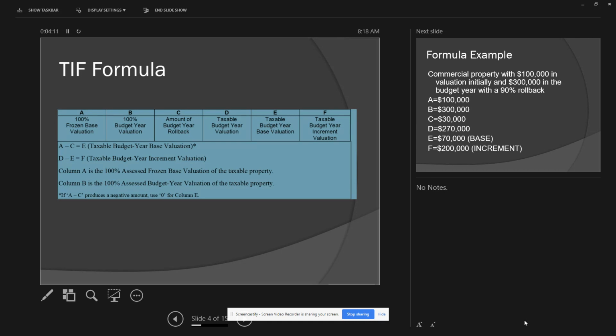And D minus E equals F. So if we subtract from D our base year value, what's left then is F for increment. So again, column A is the 100% assessed frozen base, and column B is the 100% budget year value. Just as a side note, if A minus C produces a negative amount, you use 0 for column E.